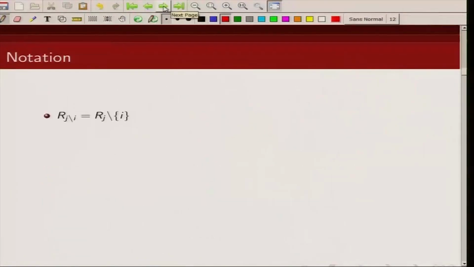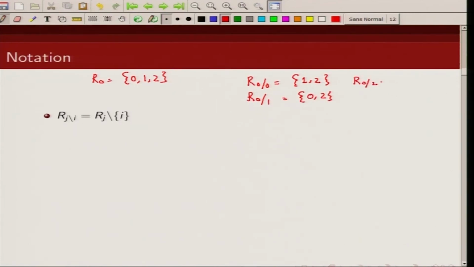So, if I define R0 slash 0, that would be, because R0 is 0, 1, 2, R0 minus 0 will have 1 and 2. Similarly, R0 minus 1 will be the set containing 0 and 2, and R0 minus 2 will be the set containing 0 and 1.